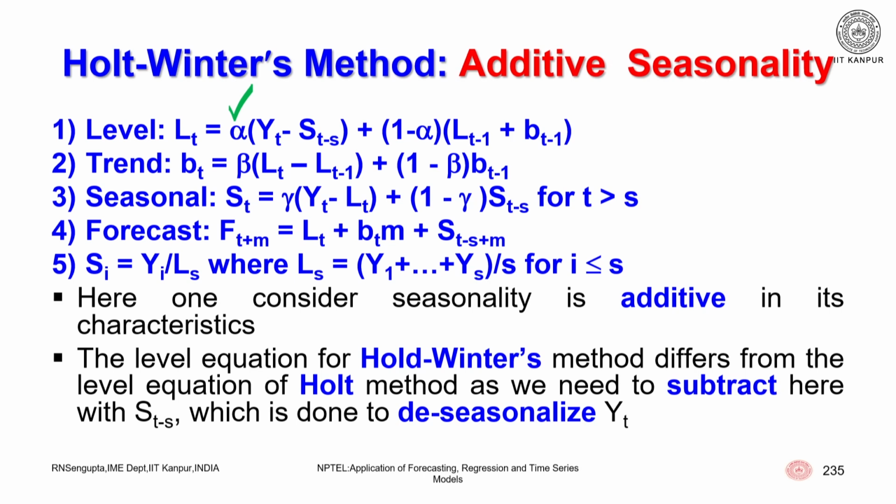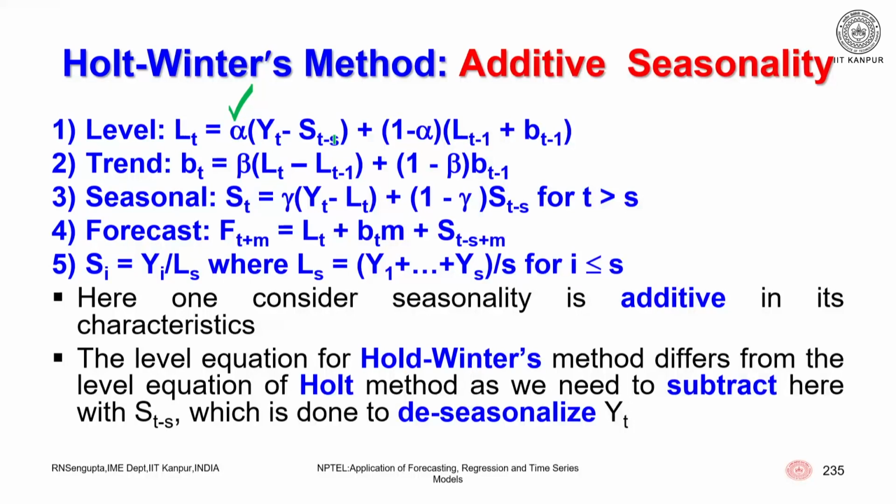So, what you have is Y_t, which we know is the actual value at time period t as of today. Capital S is the component of the seasonality, and if you remember, it is S_{t-s}, which means we are standing today and trying to find out the effect of seasonality, one so-called cycle.